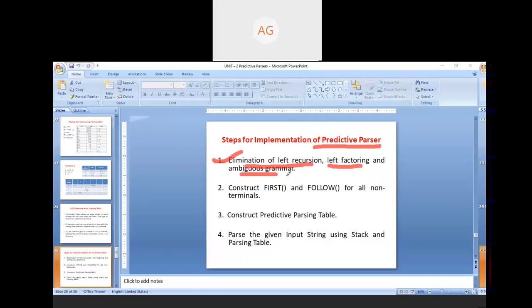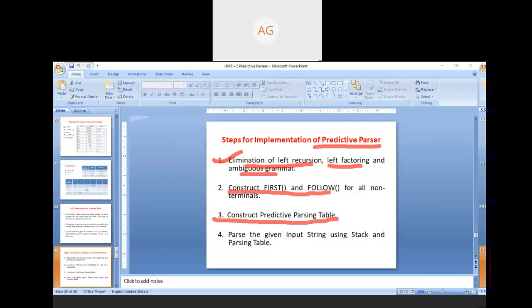Then, after the elimination, you need to find the first and follow sets of all the non-terminals. Once you find the first and follow sets of all the non-terminals, you can construct the predictive parsing table. We already constructed the predictive parsing table and showed how it is constructed with the use of first and follow sets.